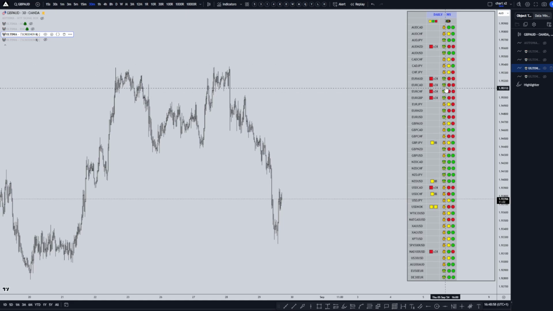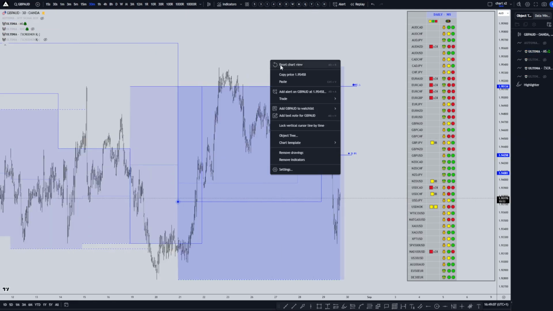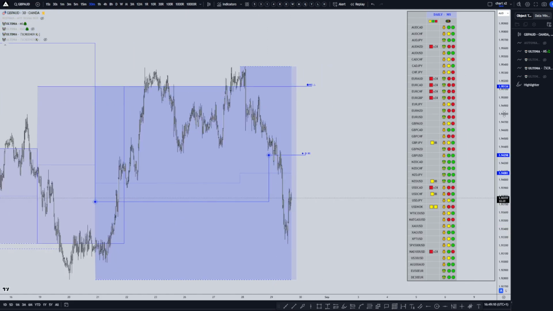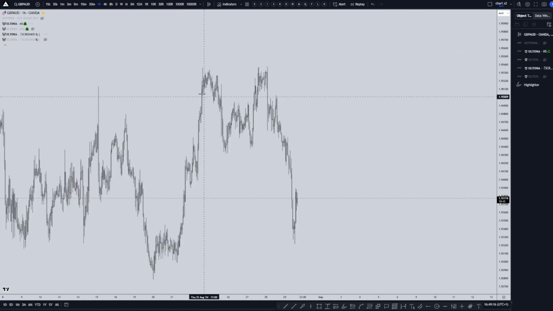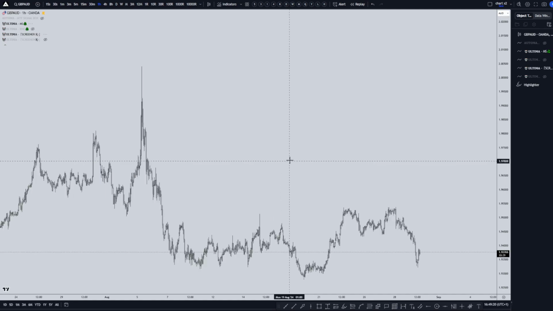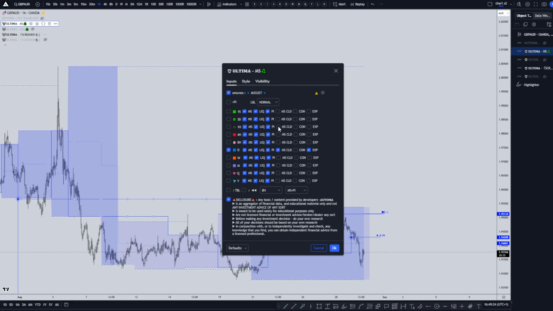So how it looks on the chart: we add the market structure cycle on the chart, and let's go to 1 hour, because the daily structure is quite big. We go in here and disable expansion, we don't need that anymore.